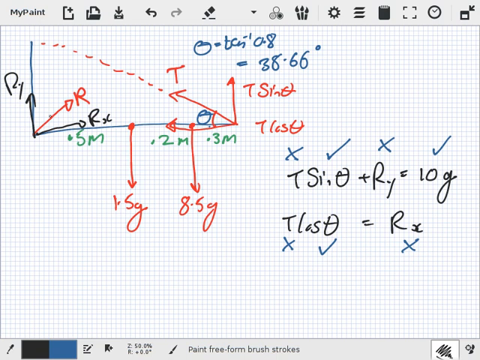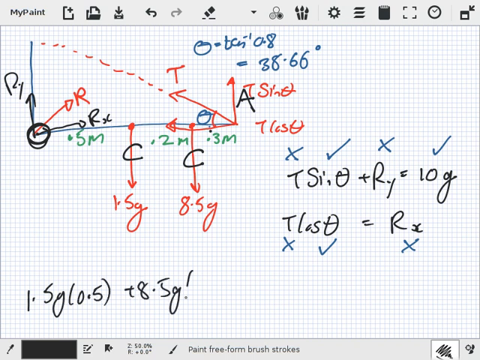If I use this as the turning point, then clockwise plus clockwise equals anti-clockwise. Don't count this one because it passes through the center. So I can say 1.5g times 0.5 plus 8.5g times 0.7 equals 1 times T sine theta.